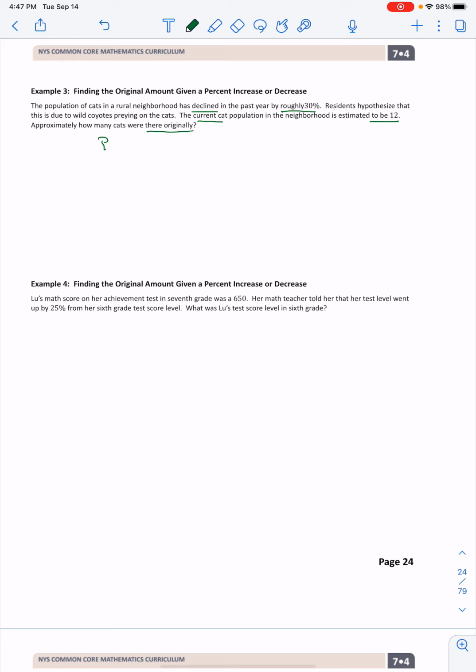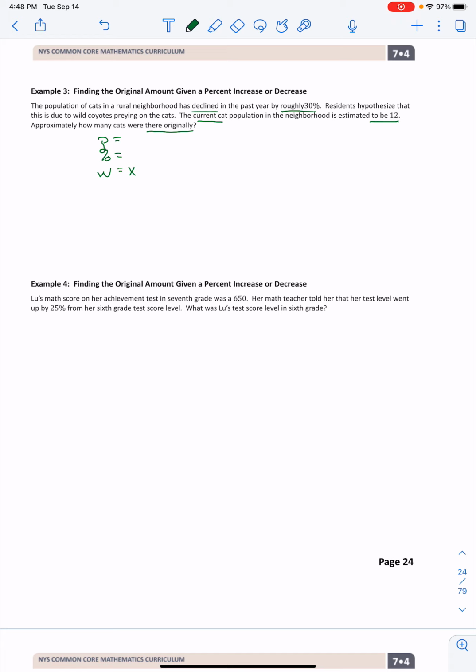So we have P, percent, and W. So we know that there are right now currently 12. We are looking for what was originally. Original means whole, which is X. Here's what's interesting though. Over the past year, it reduced roughly 30%.